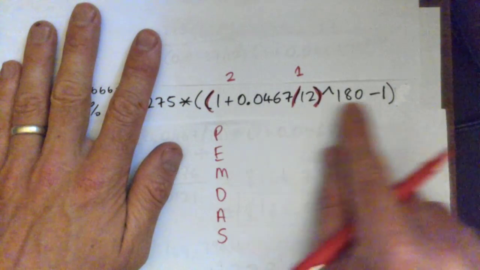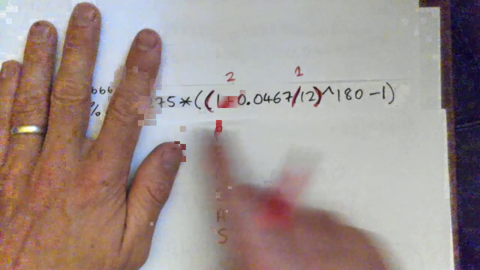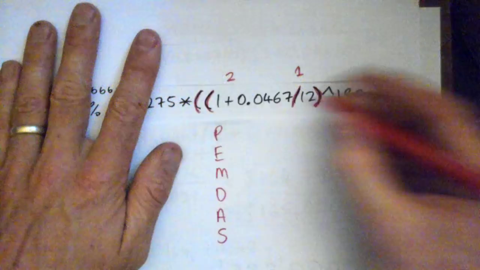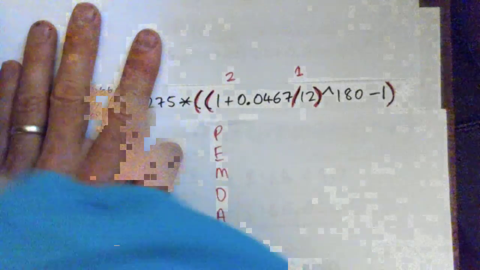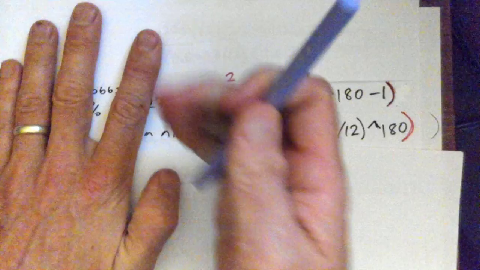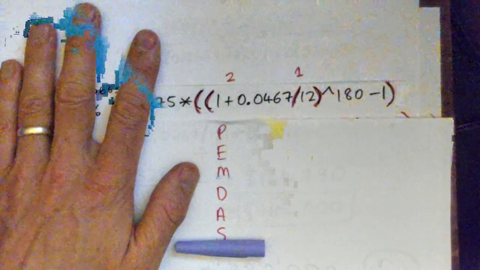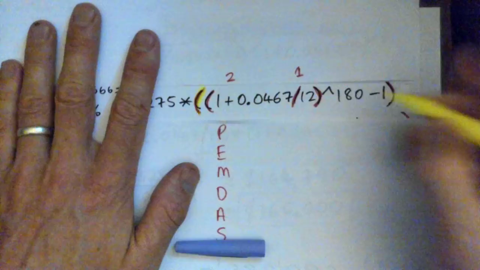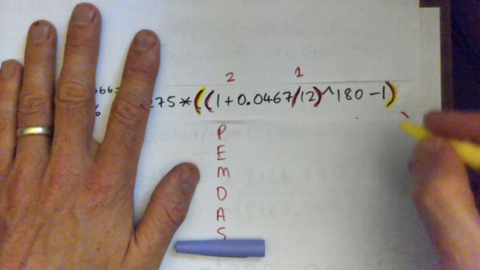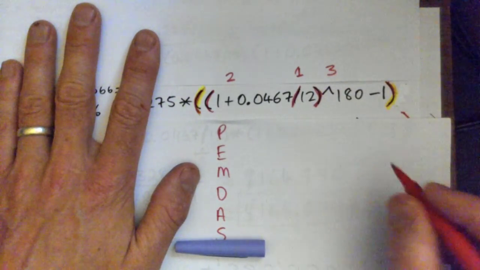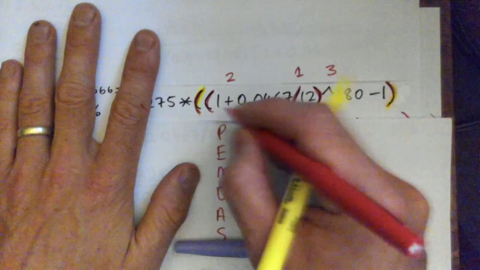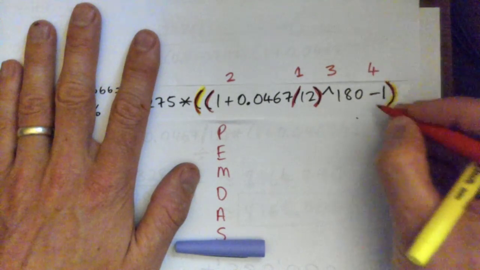Left to right, we've got this parenthesis to take care of, and inside this parenthesis, there's an exponent and there's a subtract. So what does the calculator do first? Exponent or subtract? It does an exponent. That's the third calculation. Then there's a subtract inside the parentheses, so that's the fourth operation, the subtract.